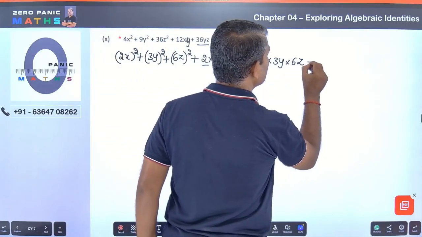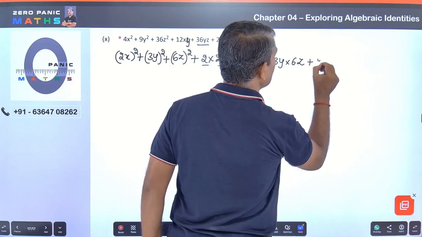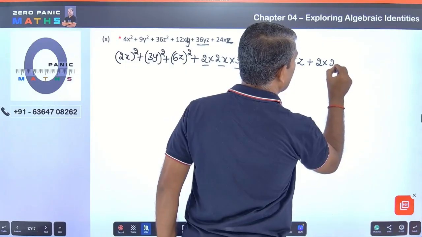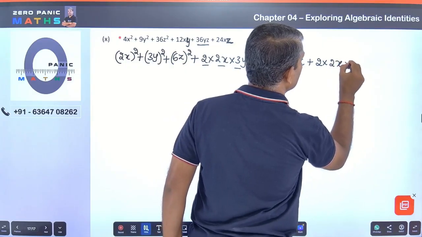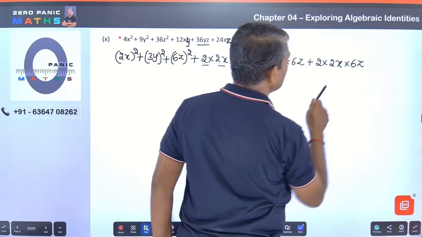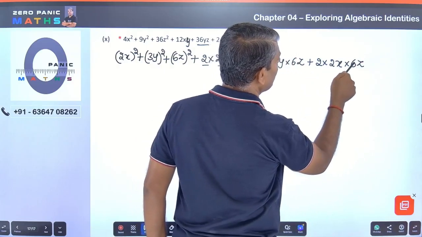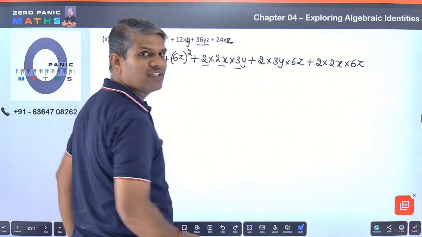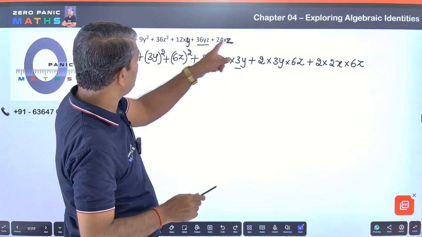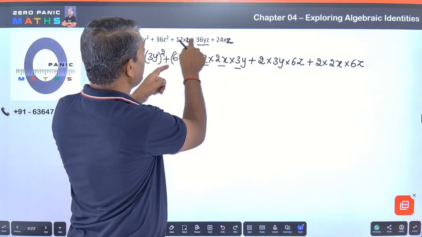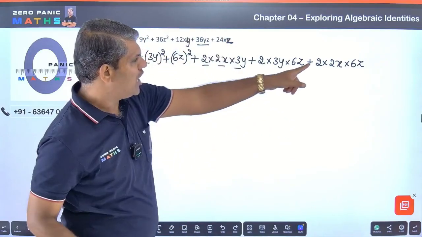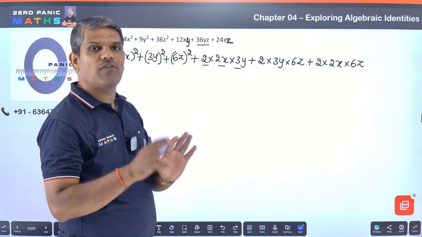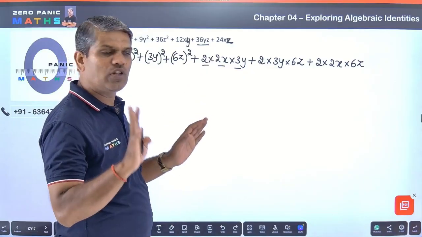Now coming to the last term, 2ac, right? 2 into a, and a is 2x, and c is 6z. You see that 2 2s are 4, 4 6s are 24, 24xz. So that matches only if you exchange this z to y and this y to z. I think there is some typographical mistake in the textbook.